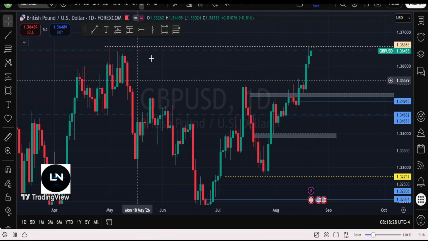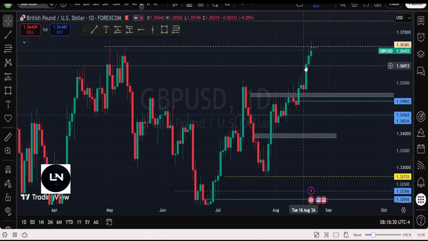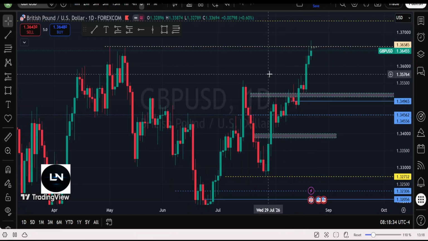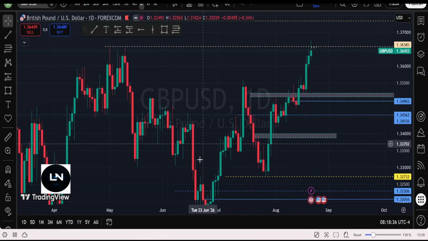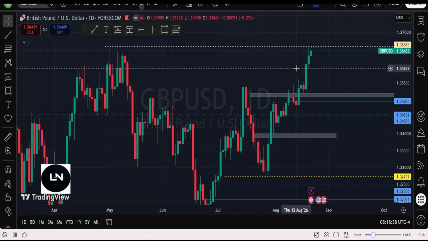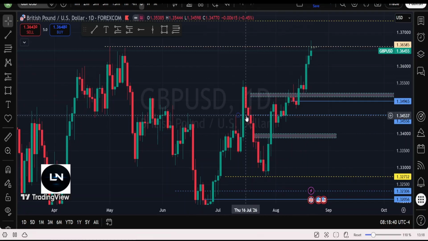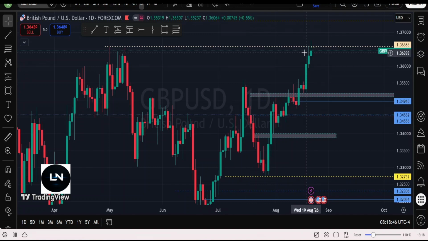So the market just ran out that liquidity. What are my expectations from the liquidity narrative point of view? You can say maybe this is a bullish structure on the daily time frame, depending on where you are looking from. That's why we want to take it bit by bit. We want to see the market rebalancing itself to the downside.